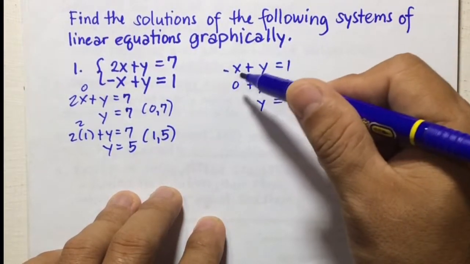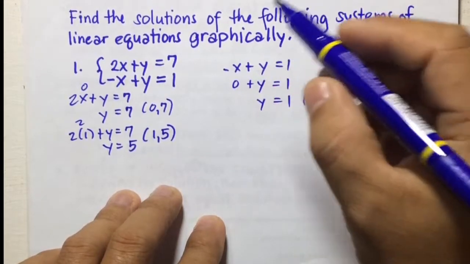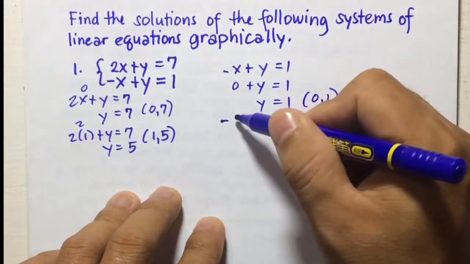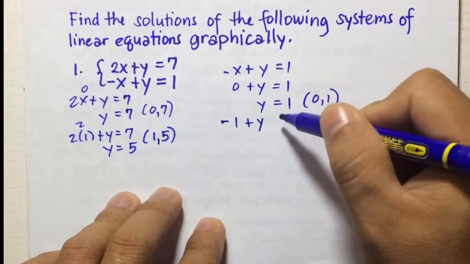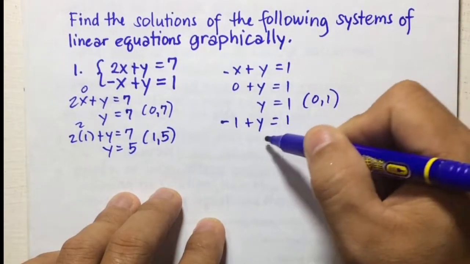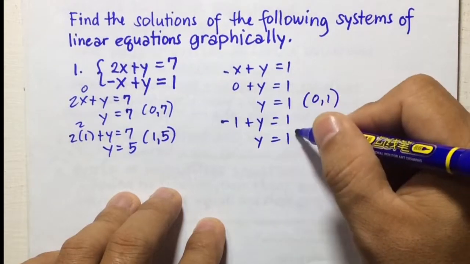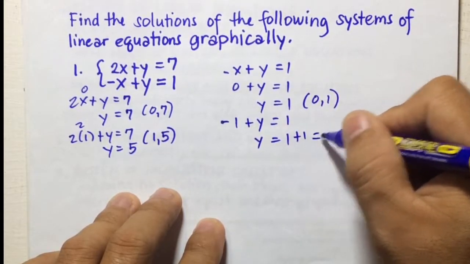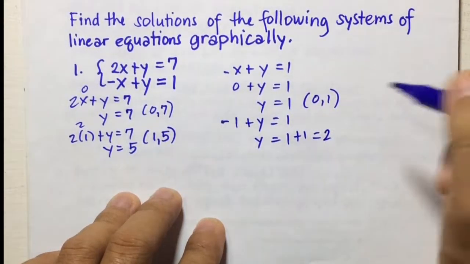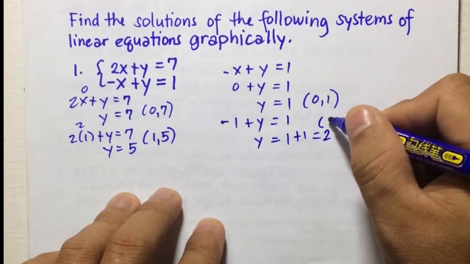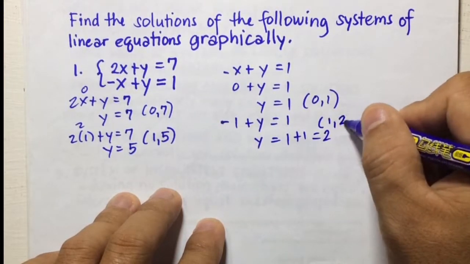And if we substitute x with 1, this becomes negative 1 plus y equals 1. Then y will be equal to 1 plus 1, which is 2. So the second point is 1, 2.